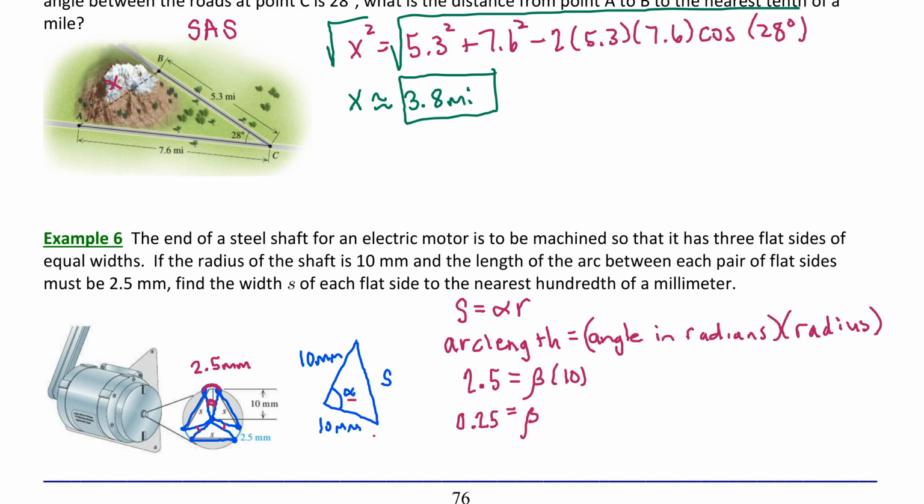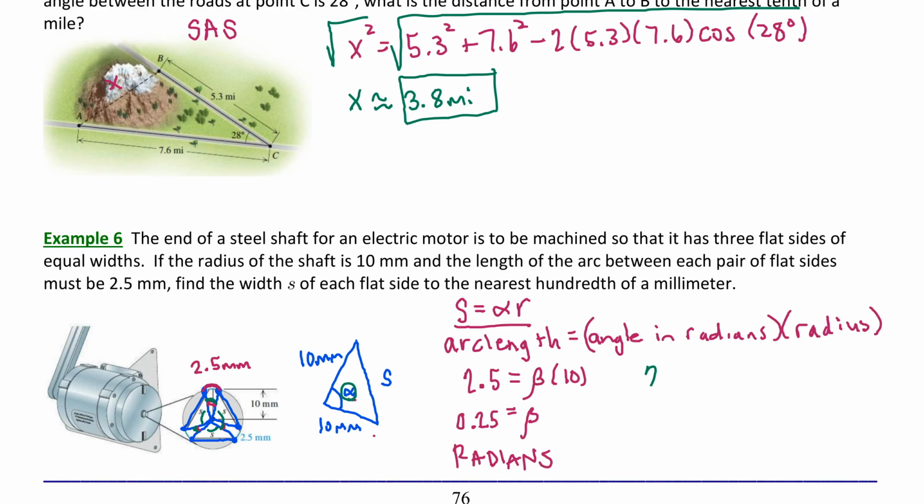It's really important to remember that when we use the arc length formula, the angle is measured in radians, not degrees. Now, if we take 2 pi radians and subtract 3 times 0.25, then the leftover radians will be accounted for by the blue triangles, one of which has this central angle alpha that we need to know.